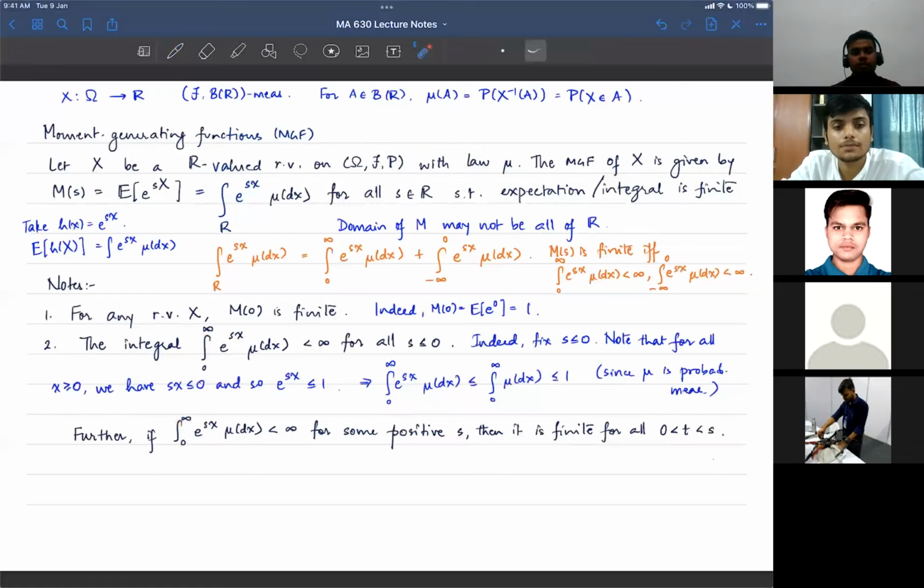So suppose the integral from 0 to infinity of e to the sx mu dx is finite for some positive s.